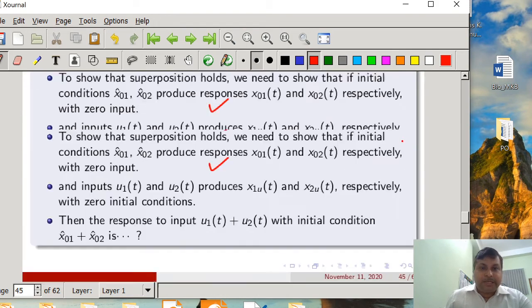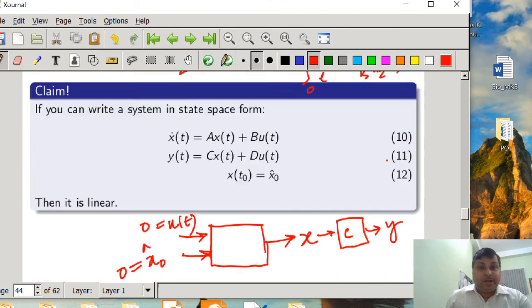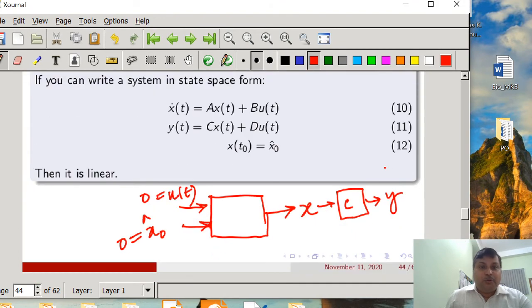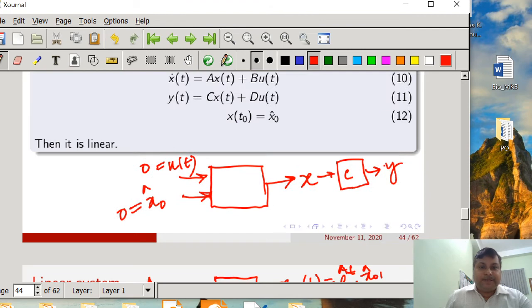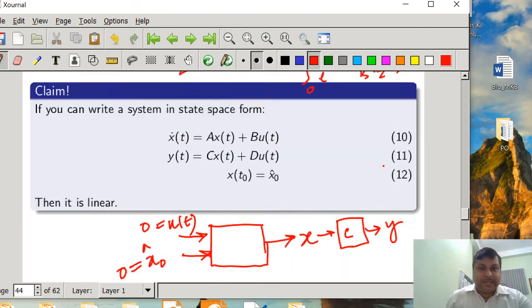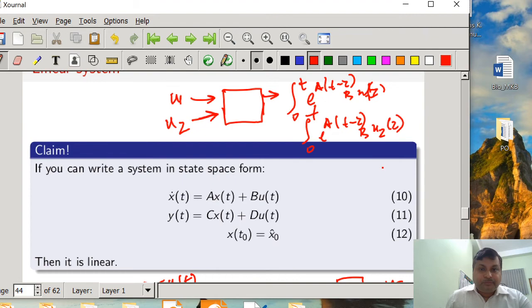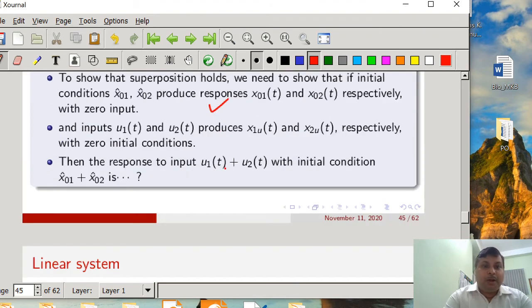That is written in the next slide. Now we want to know, if the system is excited by u1 plus u2 with the initial condition x01 hat plus x02 hat, whether the response is the summation of all four individual inputs, that is x01 hat, x02 hat, u1 and u2.